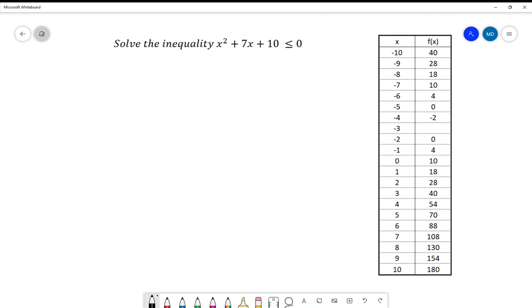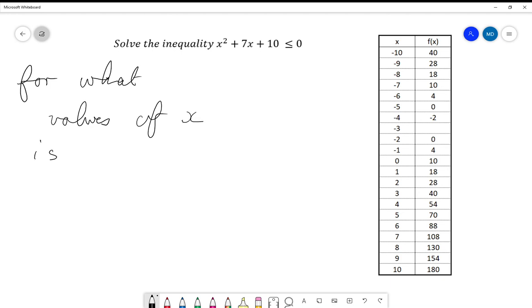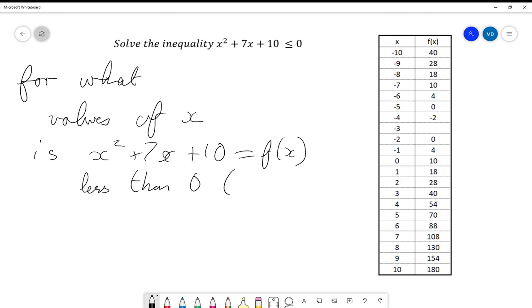The question it's asking is, for what values of x is our actual function we care about, which we might call f of x, less than, or in this case, because of course our extra line, or equal.